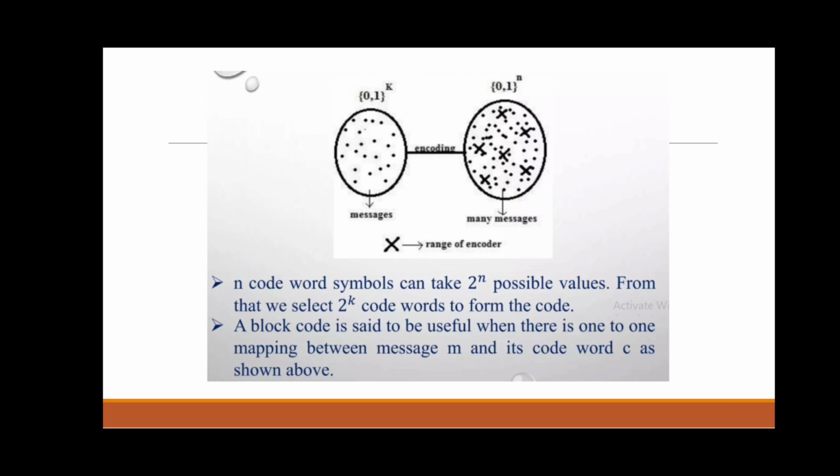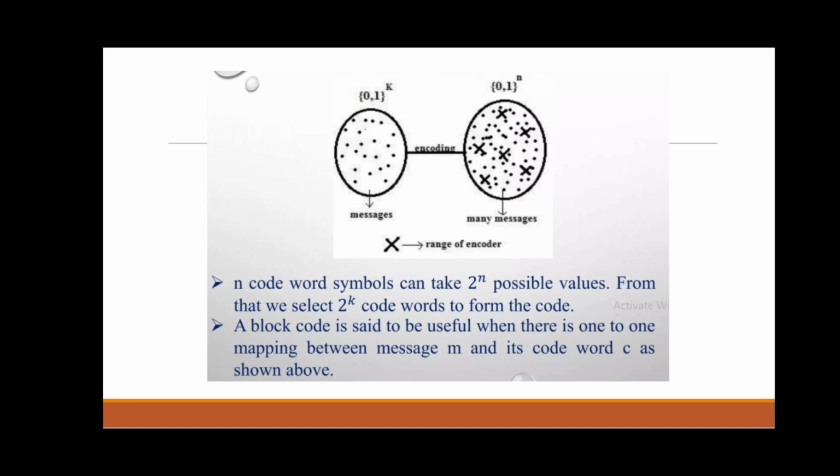So next we will discuss the important basics of block codes. If we code k bits into n bits, then obviously n is greater than k. We added n minus k parity bits to get n-bit code words. For the possible combinations of n bits, we can get 2 to the power n possible code words.